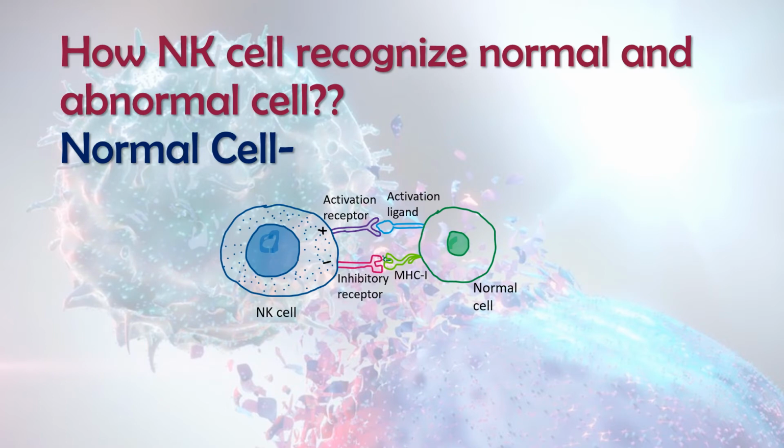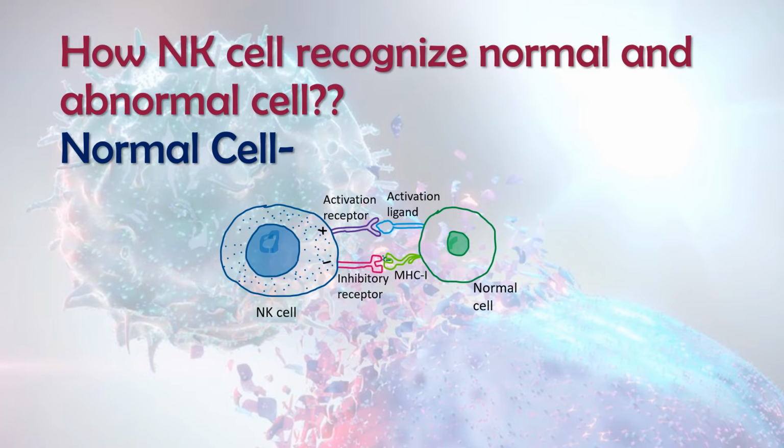So now let's talk about how these natural killer cells work. Why are they known as natural killers? Because they don't need any kind of activation from other immune molecules. They just kill the cell which seems abnormal.